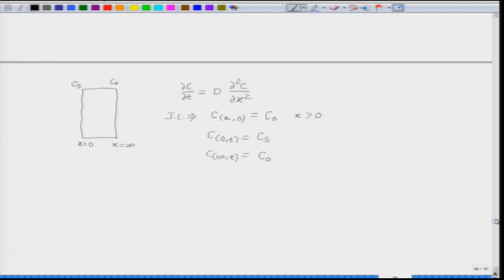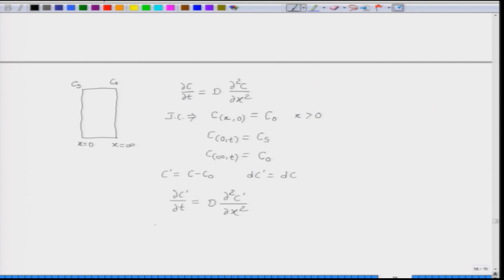Now, we make a little bit of substitution here. Let us call C prime equal to C minus C naught, where C naught is a constant. So d C prime is nothing but d C. Our diffusion equation with the new concentration variable becomes dou C prime by dou t equal to D times dou 2 C prime by dou x 2.